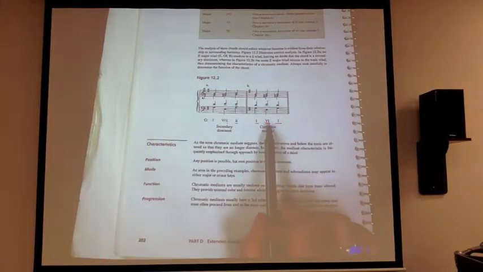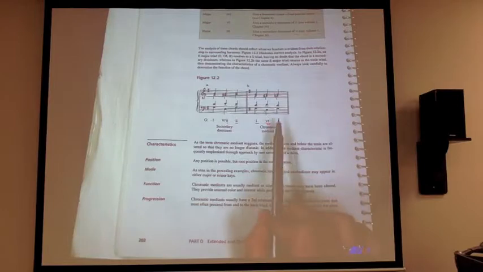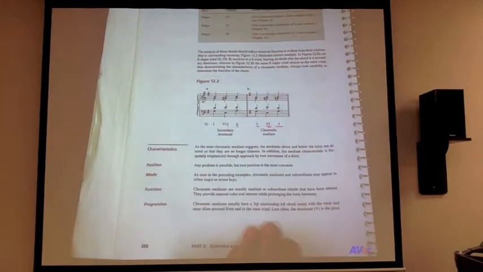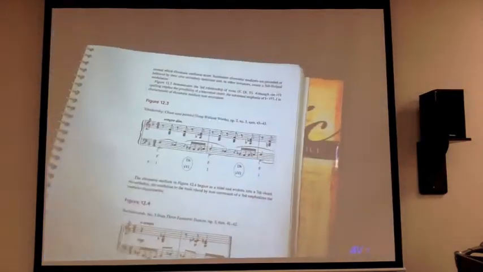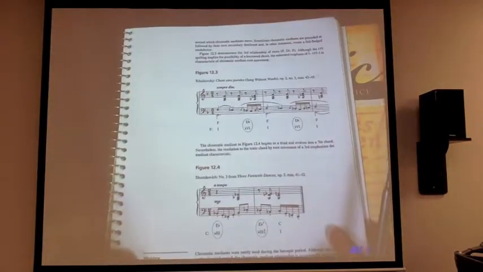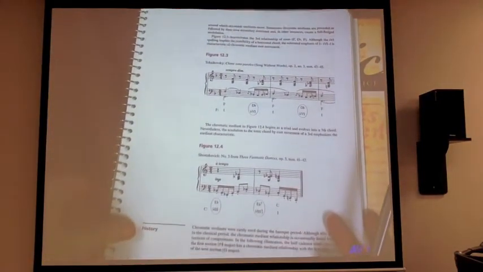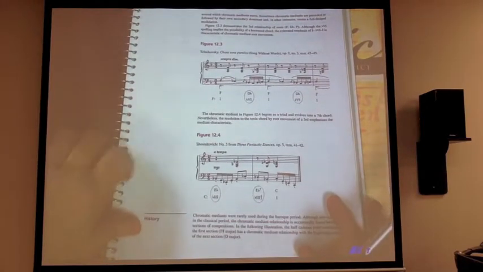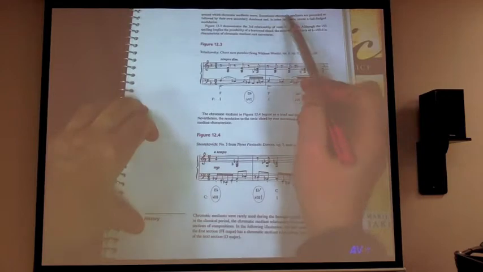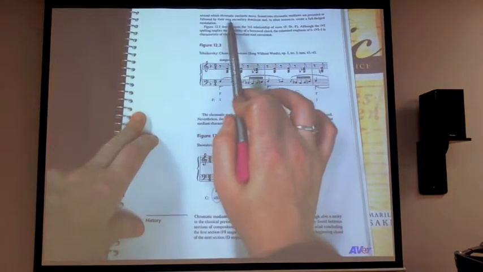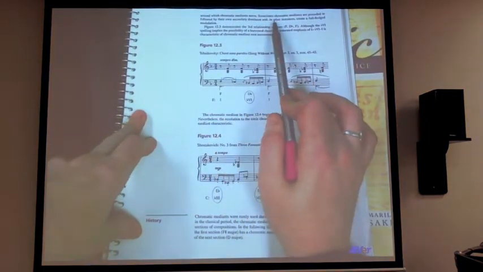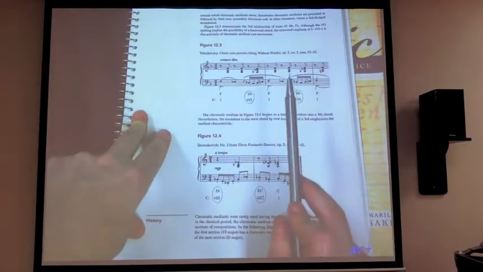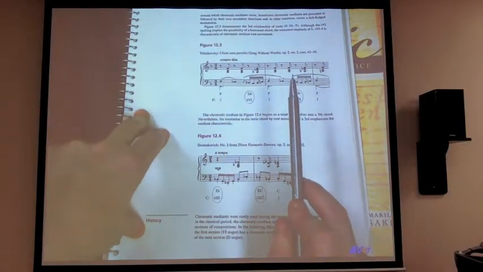So occasionally they might pivot to a dominant chord, but usually it's right back to 1. All right. Now sometimes chromatic mediants are preceded or followed by their own secondary dominant, and in other instances create a full-fledged modulation. So they can be used for modulation.